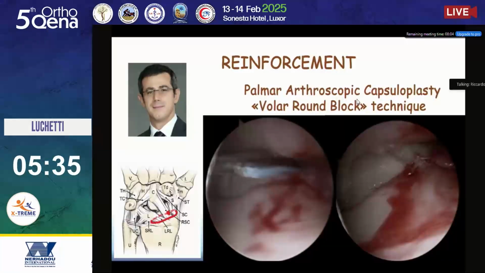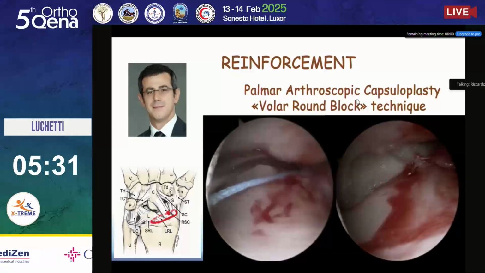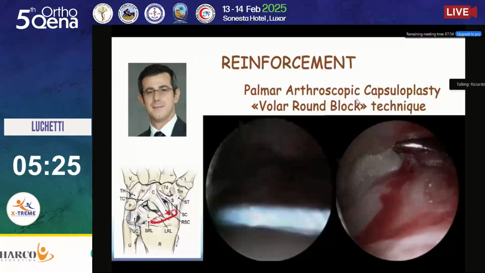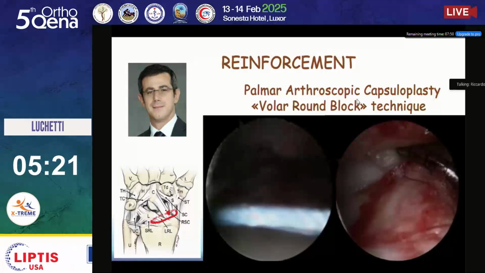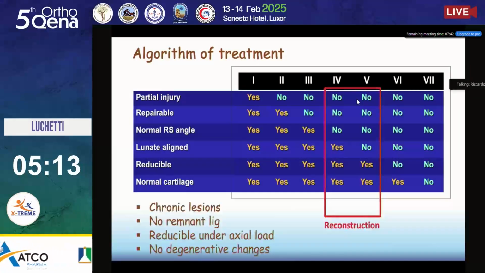The same technique proposed by Andrea Zemirline for the dorsal part could be used also for the volar side, reinforcing the volar scapholunate ligament. And this technique is fantastic to make a stronger resistance and capsulodesis of the volar side.